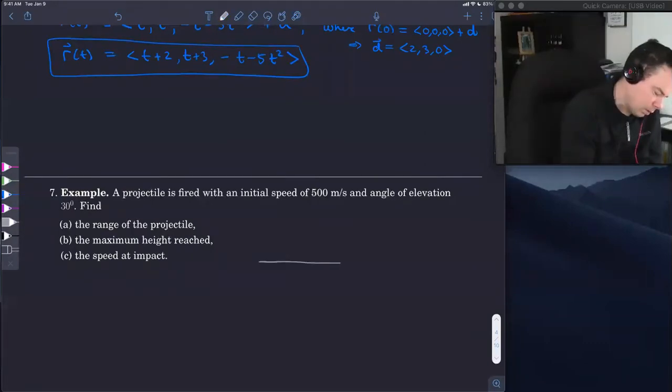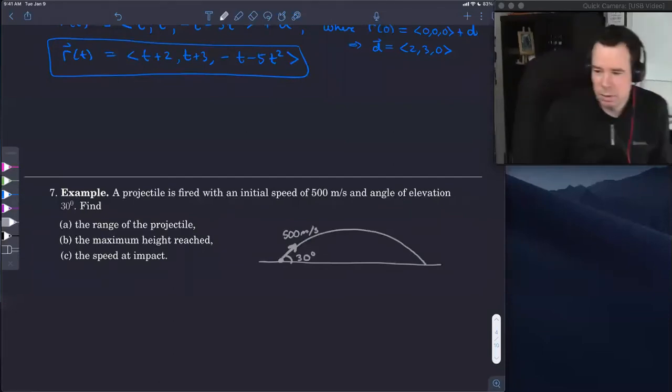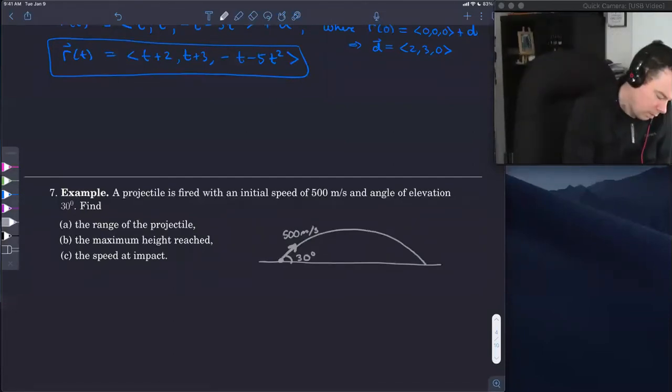So what we're looking at here is a projectile that gets fired and it's going to travel in some way. So there's its initial velocity, 500 meters per second, and that is happening at an initial launch angle of 30 degrees. We're interested in a few things.